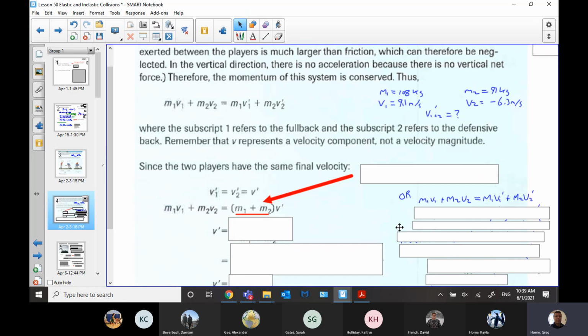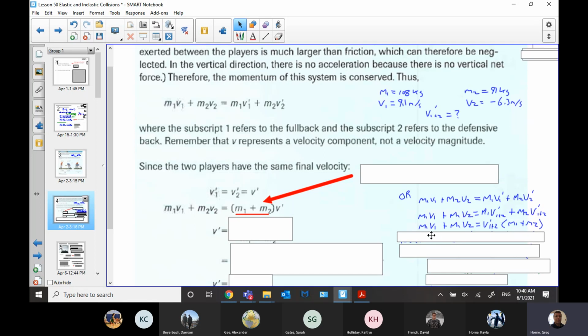That's why I do it the way I do it. M1 V1 plus M2 V2 equals M1 V1 prime plus M2 V2 prime, the final momentums. That's where I'm showing the final velocities are the same. They're together, so you have velocity 1 and 2 combined for both. Common factor that out, and there's that equation that we know we can use.